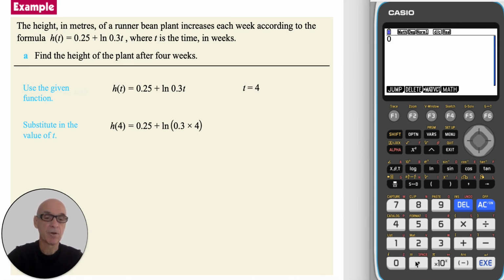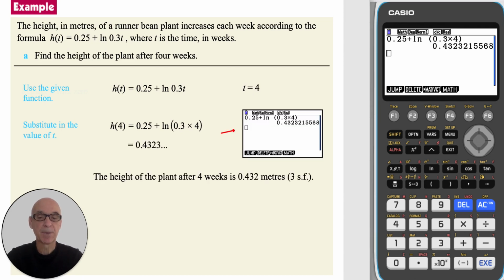So that's 0.25 plus pressing the ln button for a natural logarithm, opening a bracket for the calculation, and putting in 0.3 times 4, closing the bracket, pressing execute to get the required value. So the height of the plant after 4 weeks is 0.432 meters, correct to 3 significant figures.